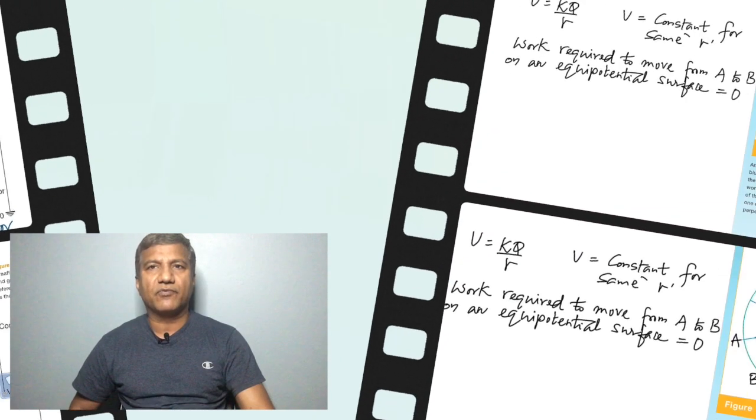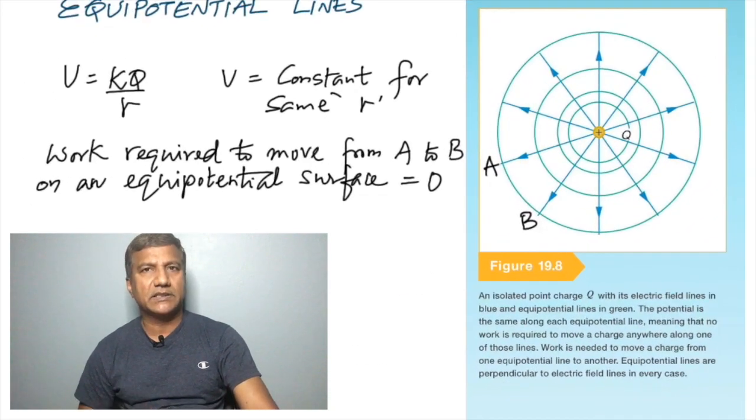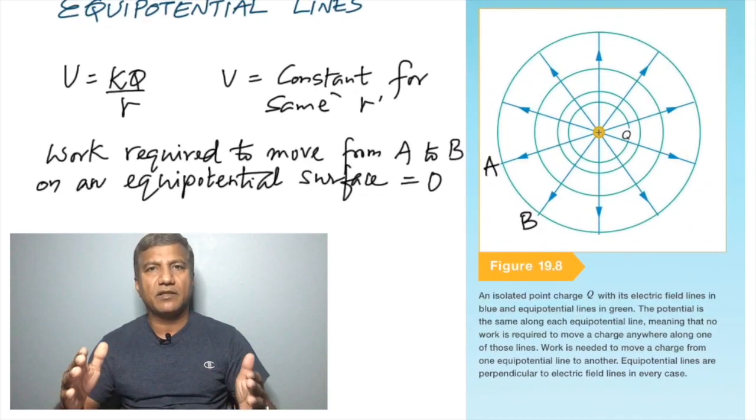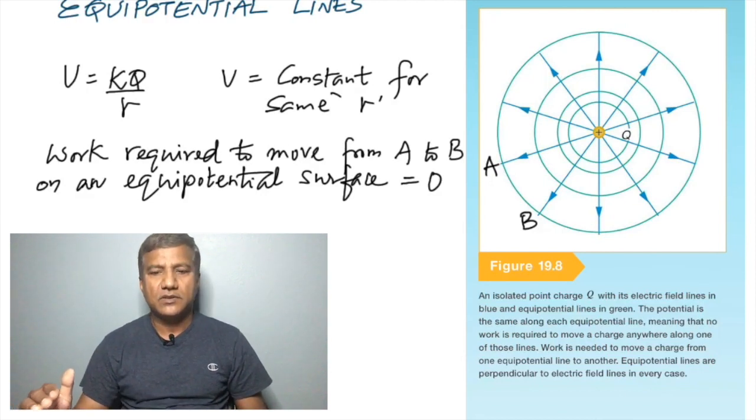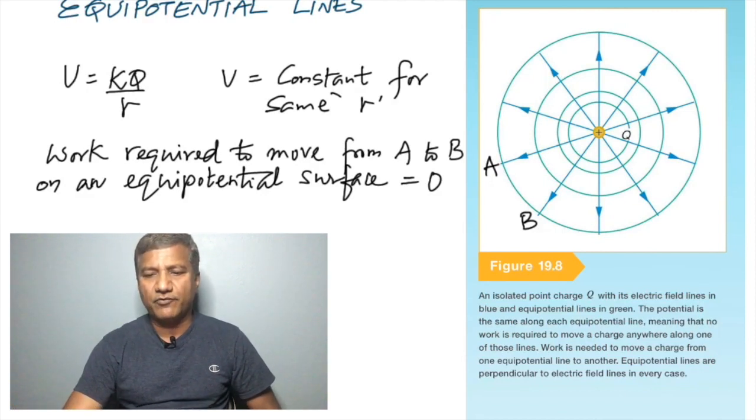We have the concept of equipotential lines. These are lines where the potential is the same throughout. As an example, if you have a point charge Q, at all distances that are equal from it, we will have the potential to be the same because voltage is kQ by R. So if R is a constant, then the voltage is going to be the same.